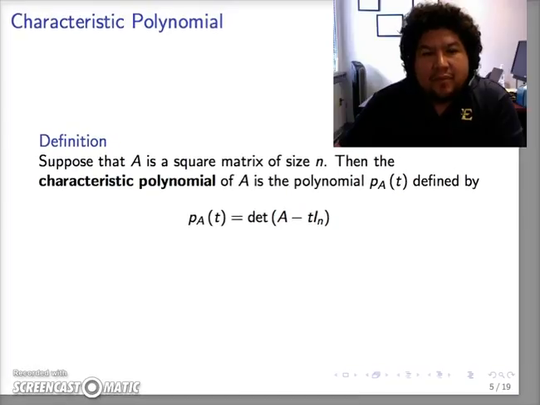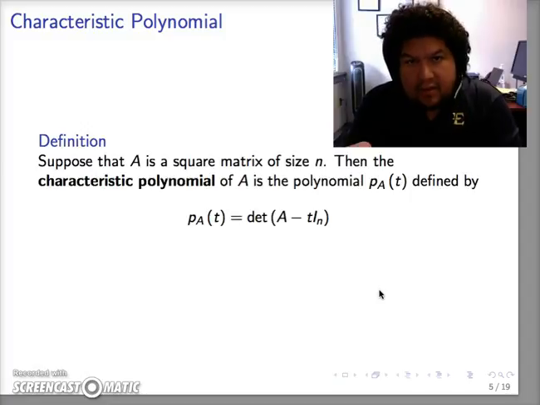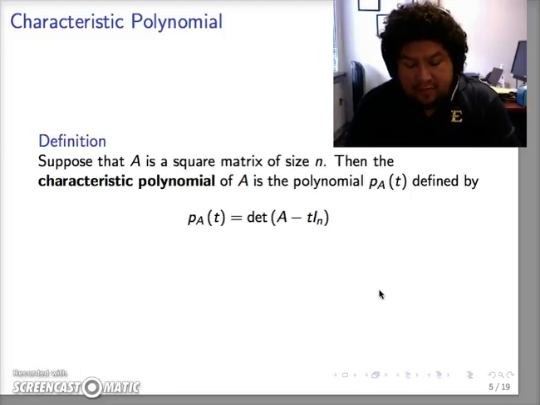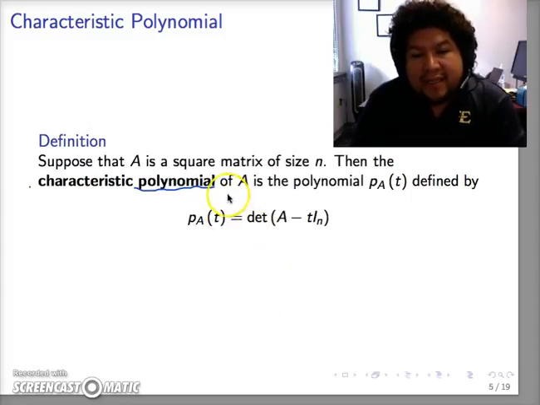To be a little more formal, before we compute vectors associated to these so-called eigenvalues, let's introduce a definition. This definition is going to involve a polynomial, defined with the determinant of a matrix minus a scalar times the identity.